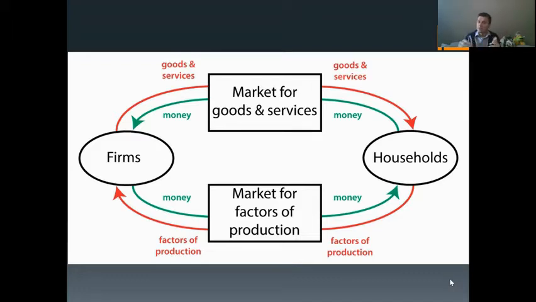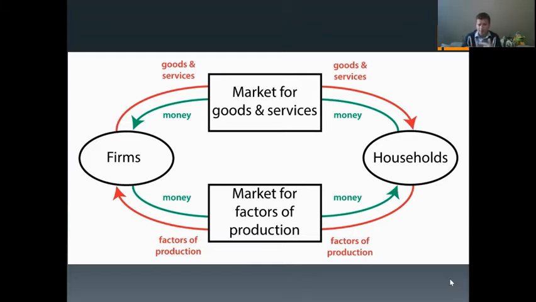Firms are putting the money into the market for factors of production, which then gives it to households. Households are the ones who hold the factors of production, supply them into the market for factors of production, and then they get sold to the firms.